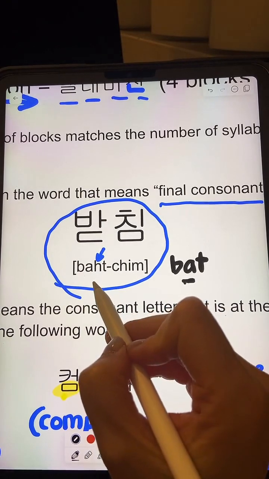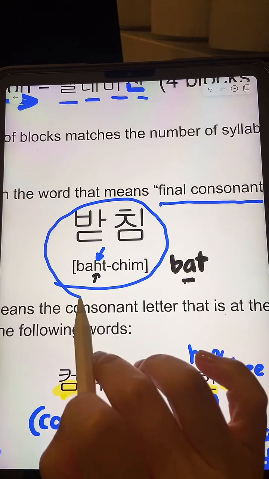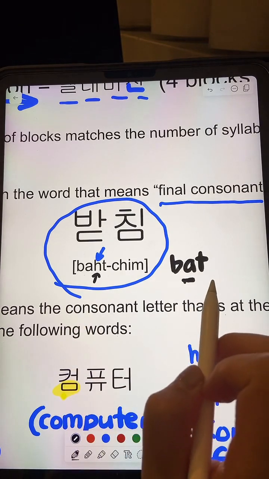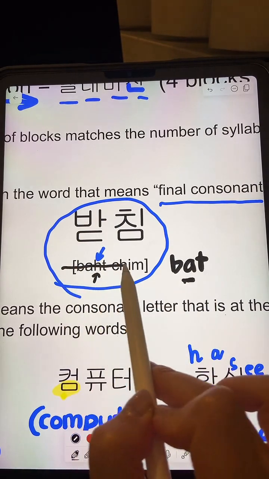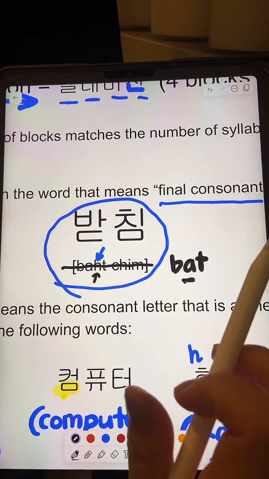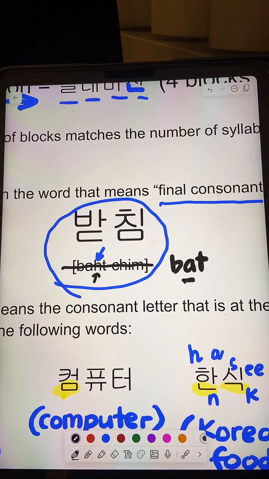So this H, for some learners, just helps with the pronunciation. Does that make sense? So this romanization is really unnecessary, but it's just for reference. Good question.